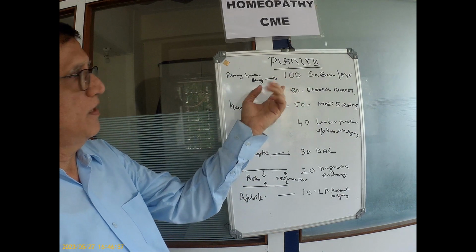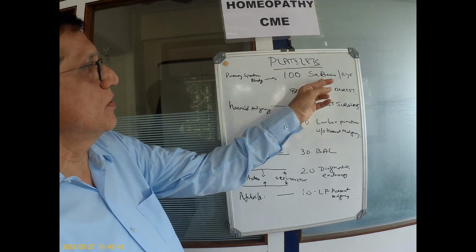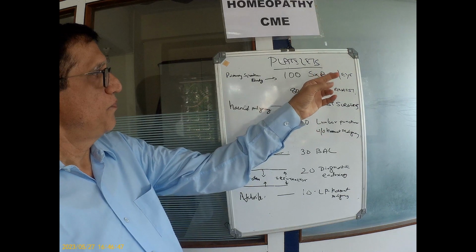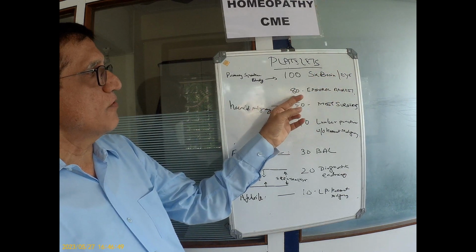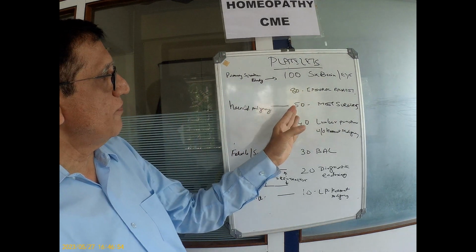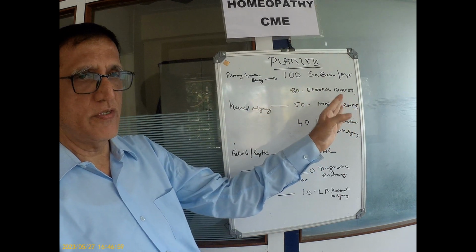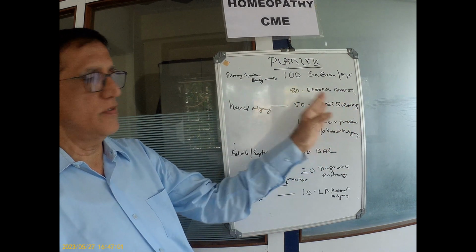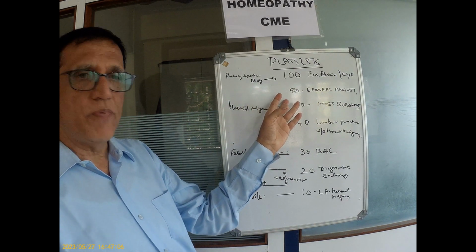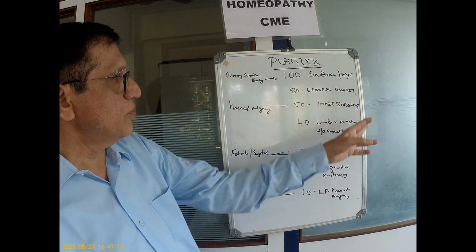At 1 lakh platelets, you can do surgery of the brain and eye. It's possible to do. At a platelet count of 80, epidural anesthesia can be given. At a platelet count of 50, most of the surgeries can be done. LSCS 80,000. You want a cesarean section, a platelet count of 80,000 is sufficient to do LSCS. 50 for most of the surgeries.